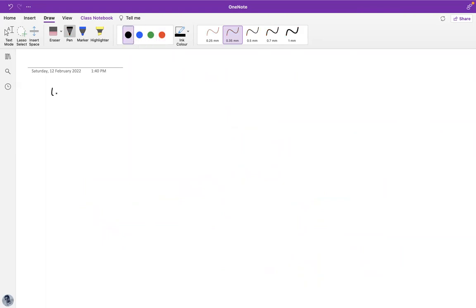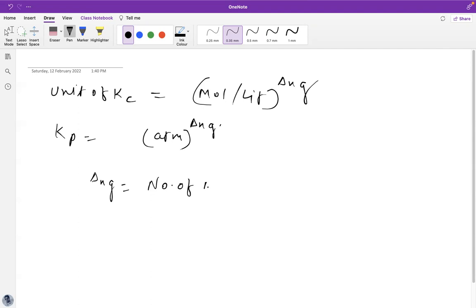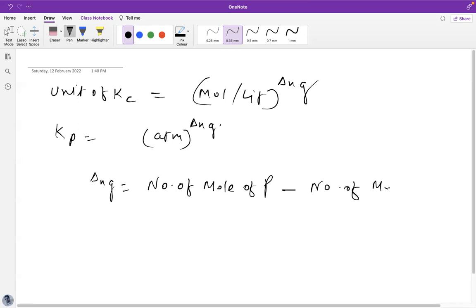So I am talking about the unit of Kc, which is mole per liter to the power delta Ng. And for Kp, we are using partial pressure, so we can use atm, atmospheric pressure, to the power delta Ng. What is delta Ng? Delta Ng means number of moles of product minus number of moles of reactant. Suppose we have the same chemical reaction, N2, 3H2, ammonia.